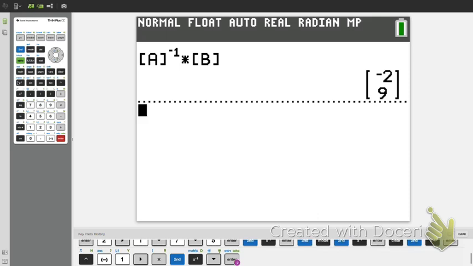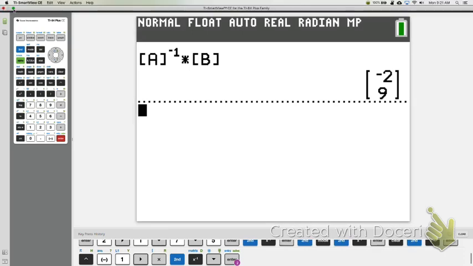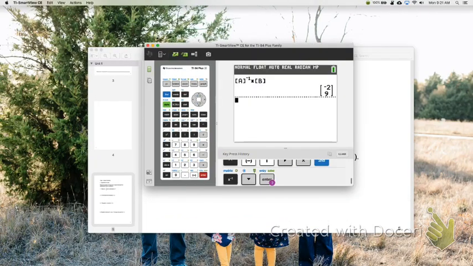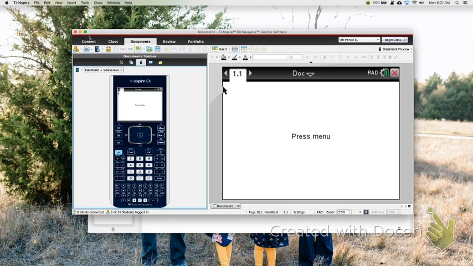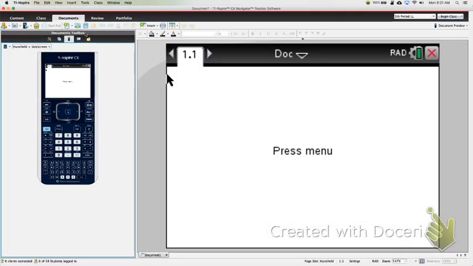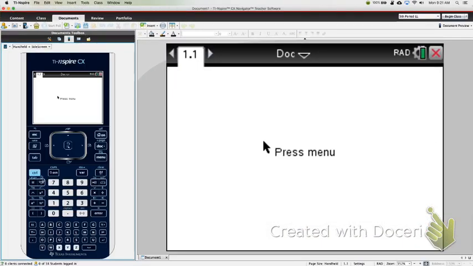Okay? Now, Inspires. Let me drag that over here. Exit this. Inspire. So if you have an Inspire calculator where you are going to find your matrix stuff, you can find it a number of different places. The easiest one to me with the Inspire is if you go escape.